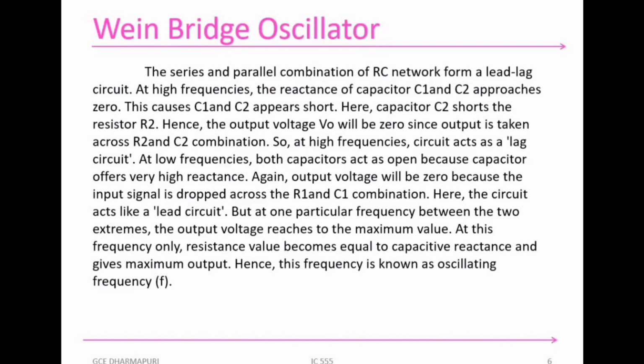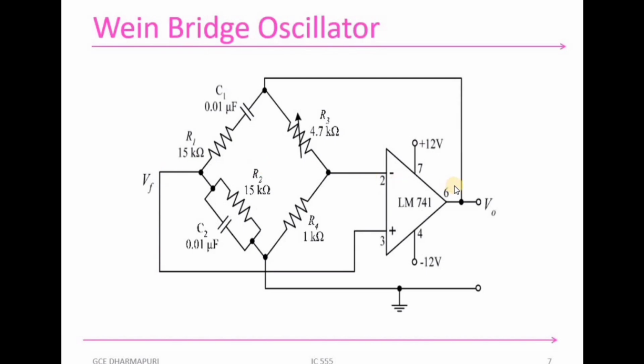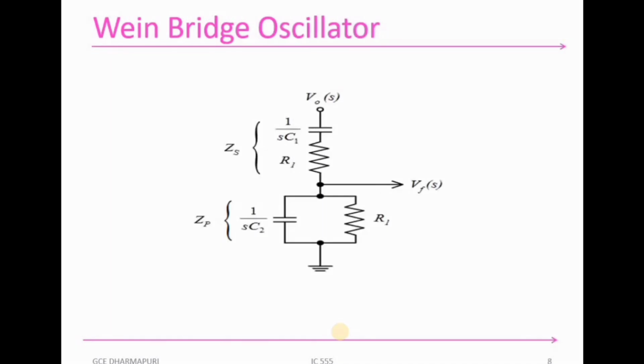Now let us discuss the Wein Bridge oscillator circuit. Here, you can see it has a Wein Bridge network. V naught is connected to one end, and VF is taken at the other end. You have plus 12 and minus 12 volts as the supply voltage.